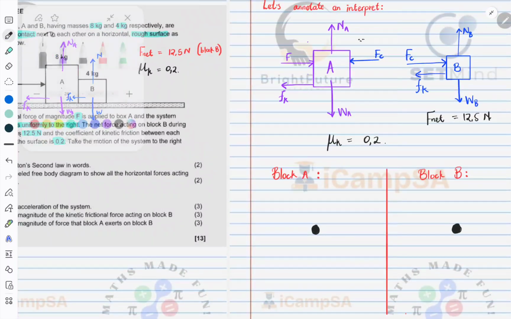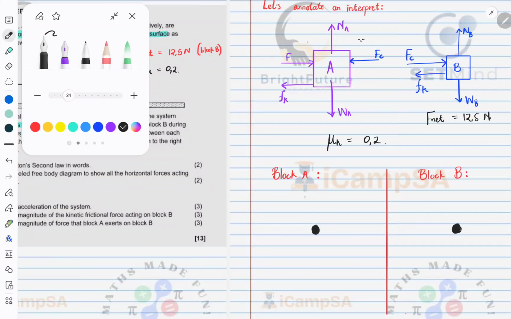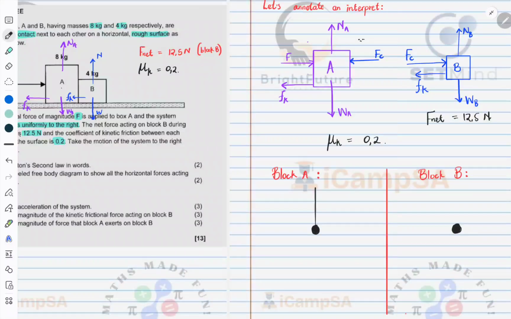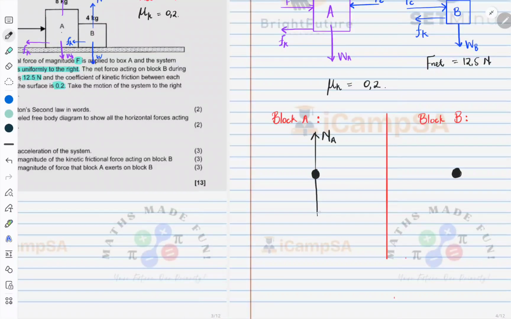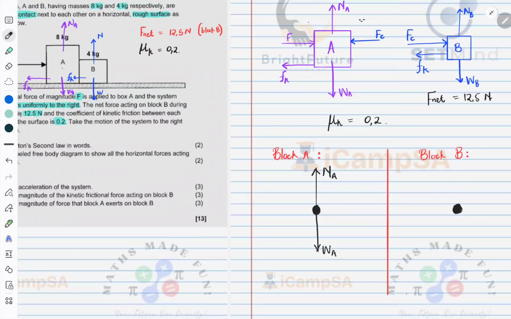So now you have your NA, you have your weight, and after that you get your kinetic friction. Looks weird.